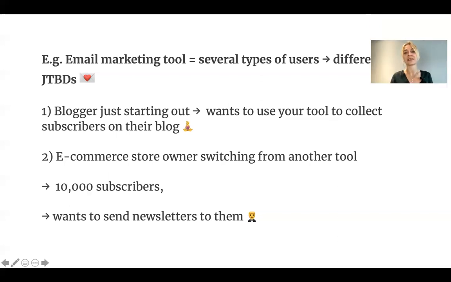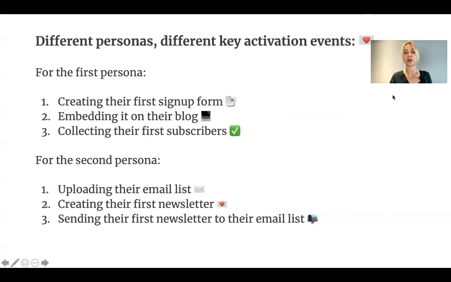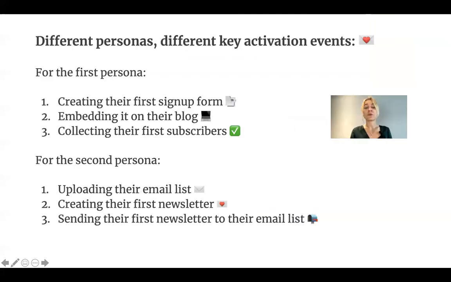So let's have a look at how the activation point will be different for these different types of users. So for the first type of user, the blogger who wants to only collect new subscribers, the key activation points will be probably creating their first sign-up form, embedding it on their blog, collecting their first subscribers.